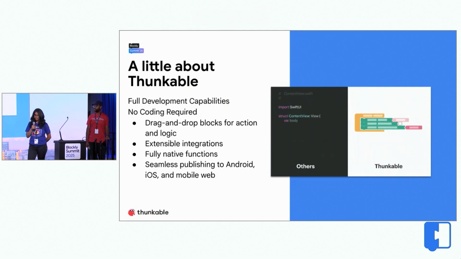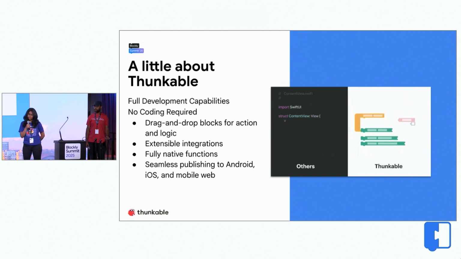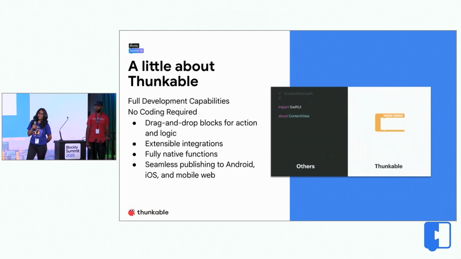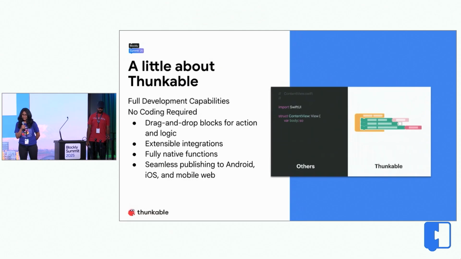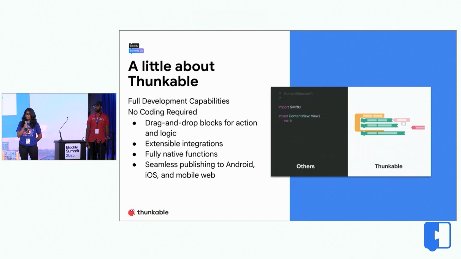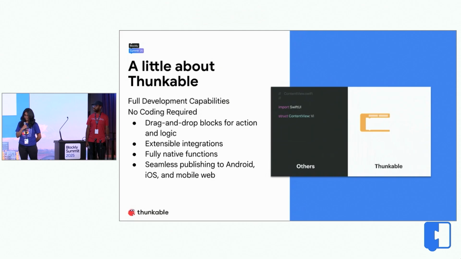And the apps are fully native, so they are not wrapped inside of a web wrapper, and you're able to publish them to the Google Play and the iOS App Store. In addition to that, you can deploy them on mobile web, so anyone with a mobile device can access them. And also, we have native functionality, so you can use Bluetooth, camera, and sensors in your app. And you can also extend the functionality using JavaScript.